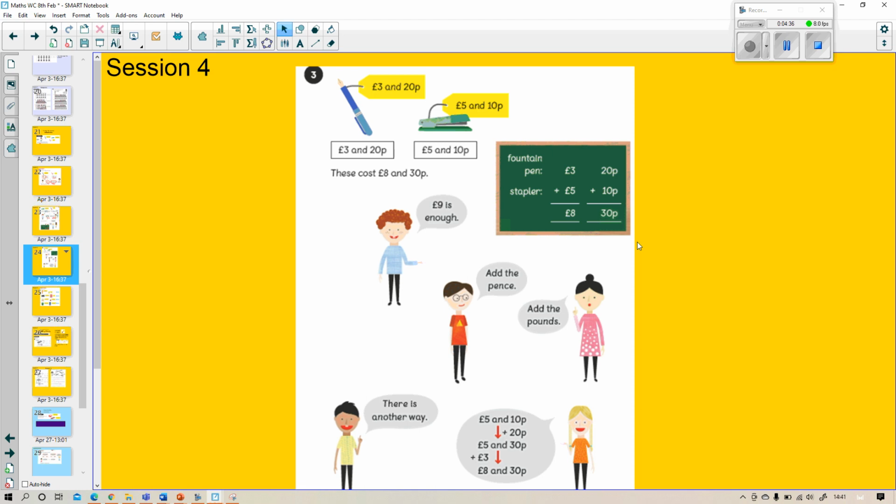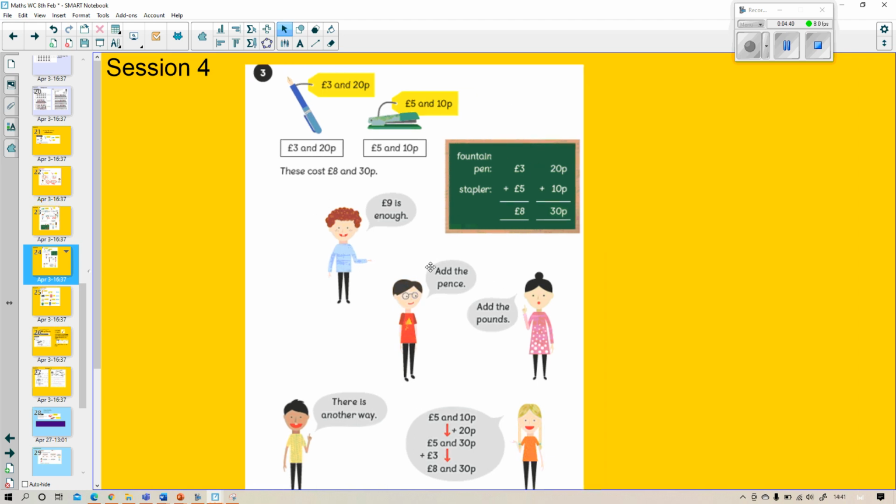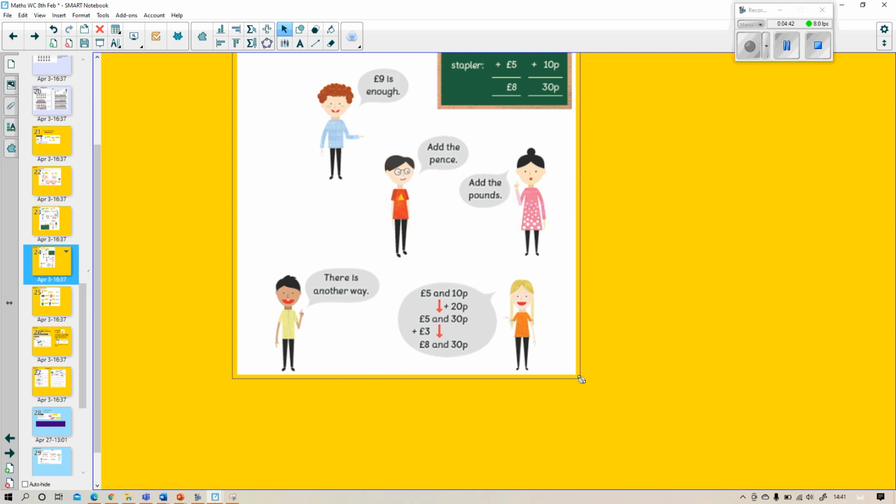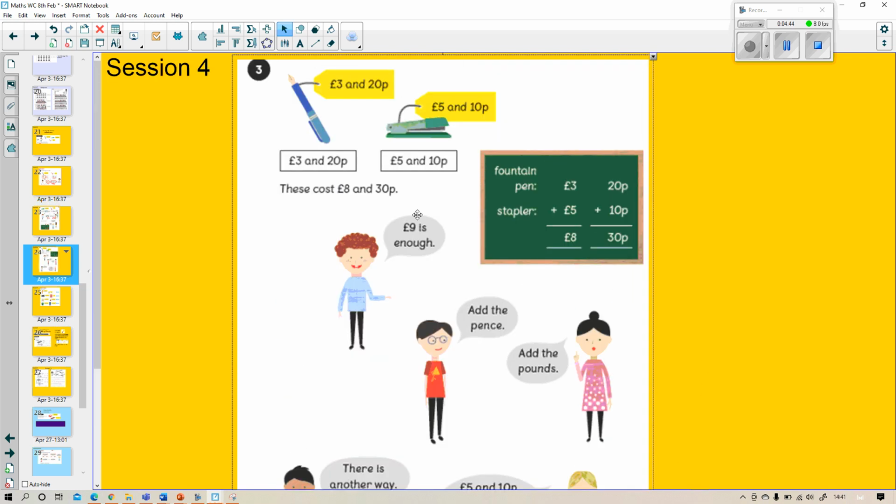Okay, right then, what about the pen and the stapler? Did any of you work this one out? Sorry, they seem to have gone a little bit small on my lesson today. Here we go. So the pen is £3 and 20, the stapler is £5 and 10. These were the two most expensive items. So can she afford to buy them? Let's see.